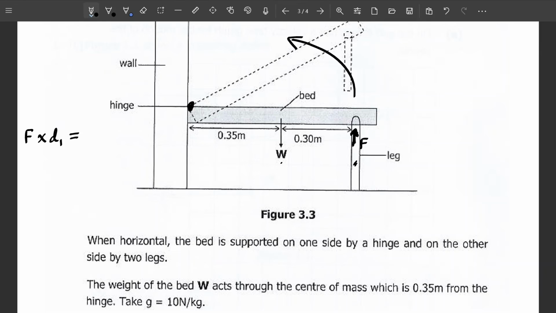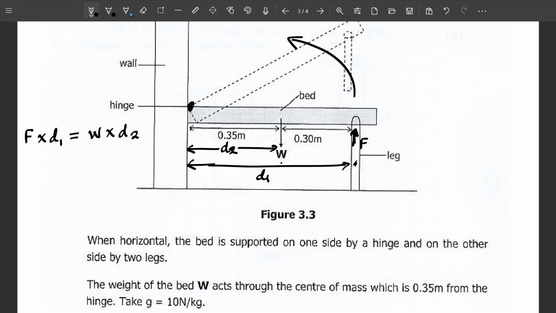So it will be W as another force times its distance from the pivot, which is D2. I've called this one D2, from here to the pivot there. Then of this force to the pivot here, it is total from there to there. So this one you call D1.